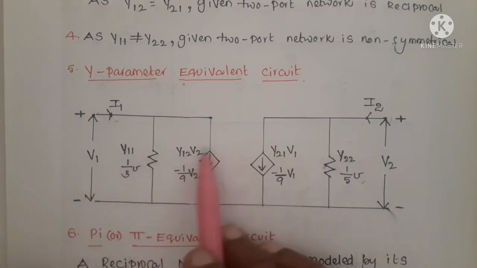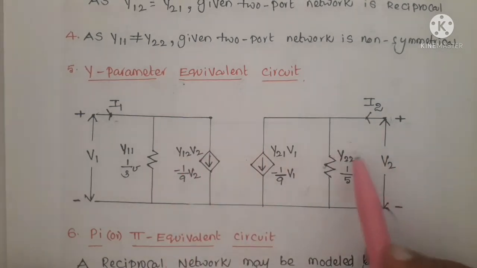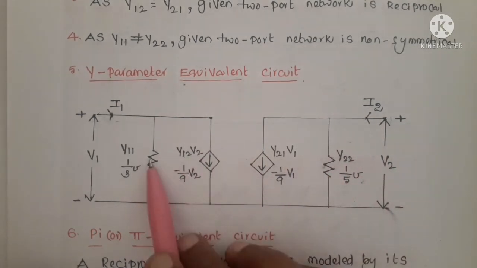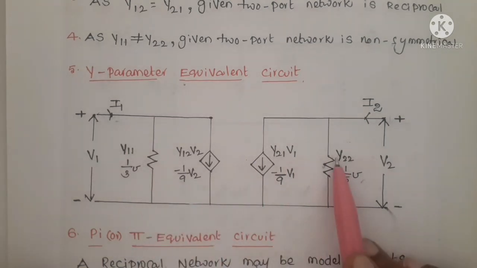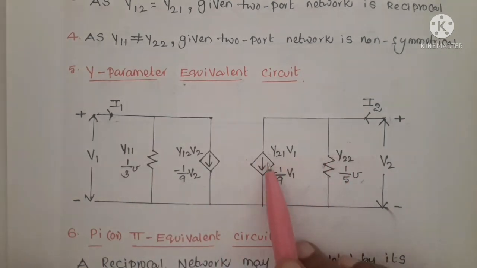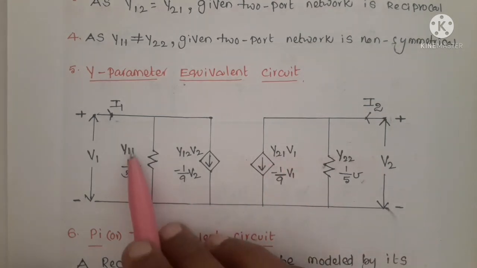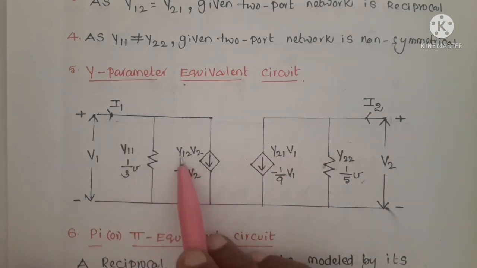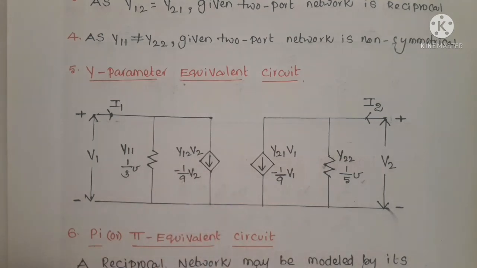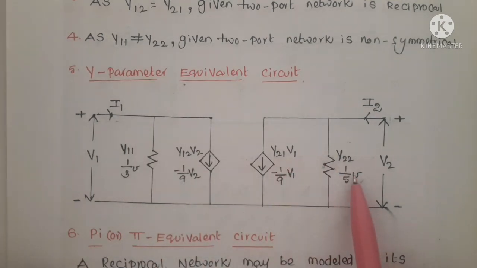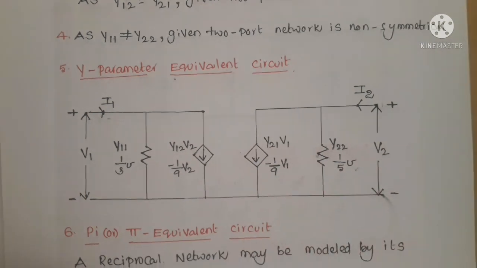Y11 and Y22 are conductances, and there are voltage dependent current sources Y12 V2 and Y21 V1. Here Y11 value is 1 by 3 mhos, Y12 value is minus 1 by 9 mhos, Y22 value is 1 by 5 mhos, and Y21 value is minus 1 by 9 mhos.